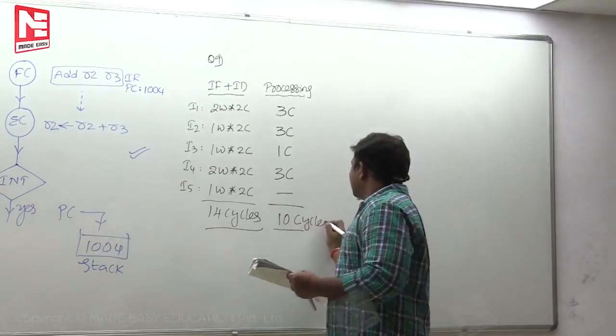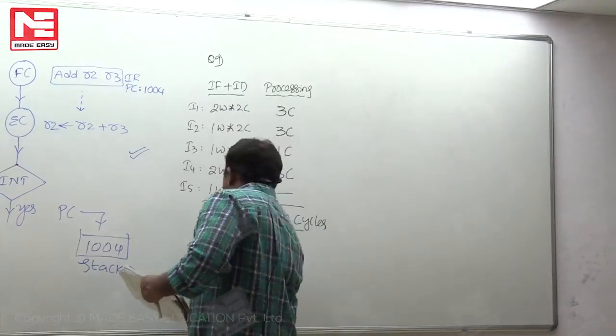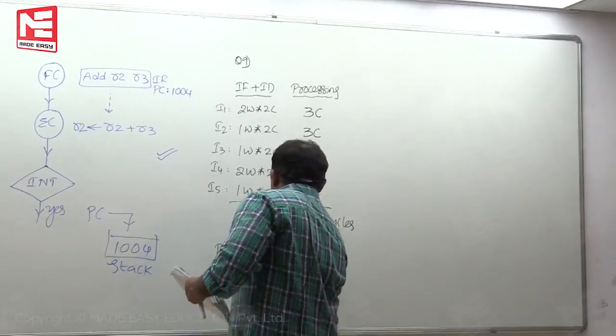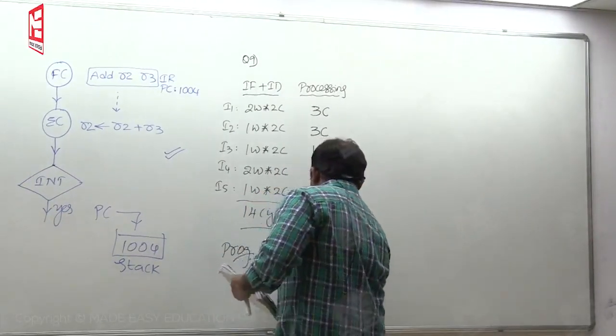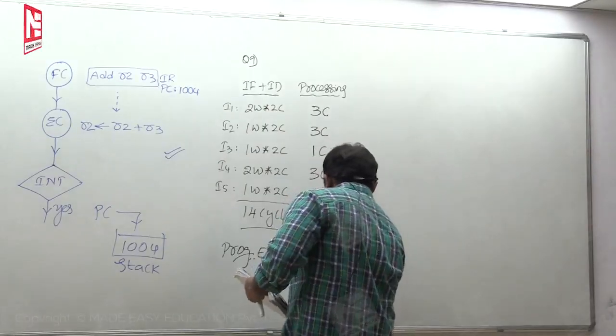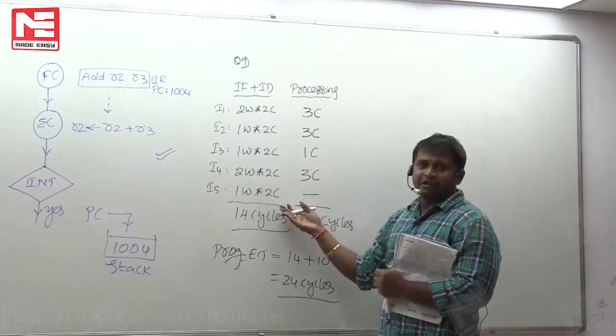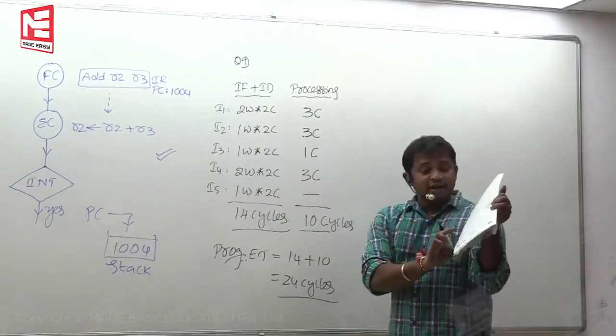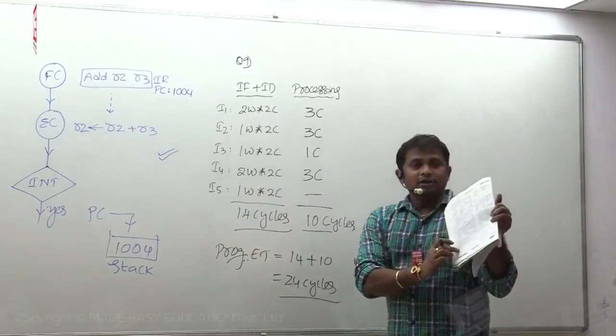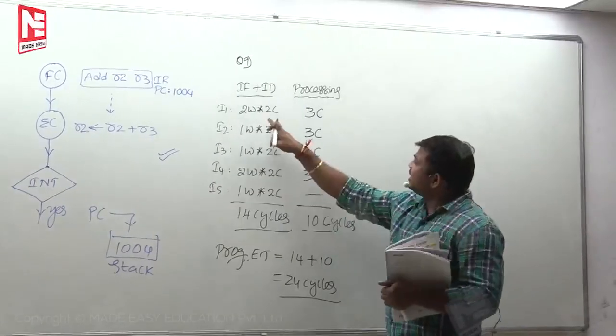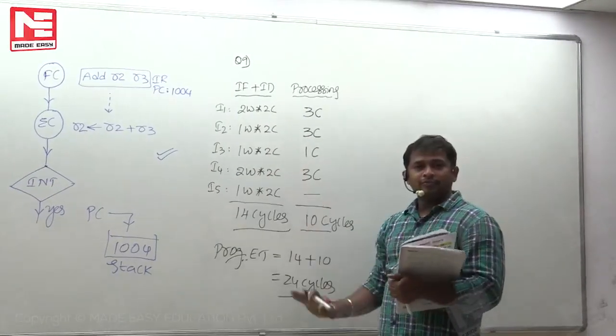Is it clear? Now program execution time is 14 plus 10, that equals 24 cycles. Is it clear now? Like this we can calculate the execution time of a program according to the given data. Fine.